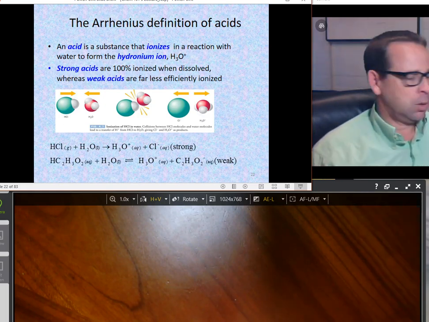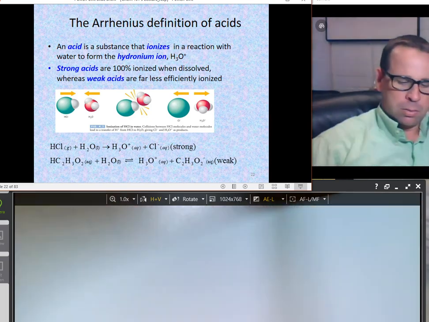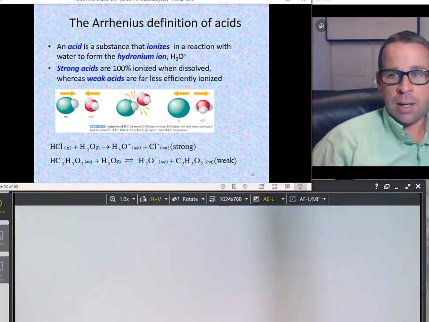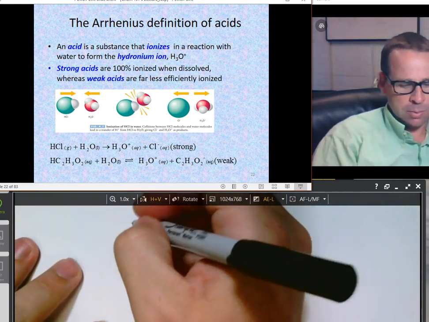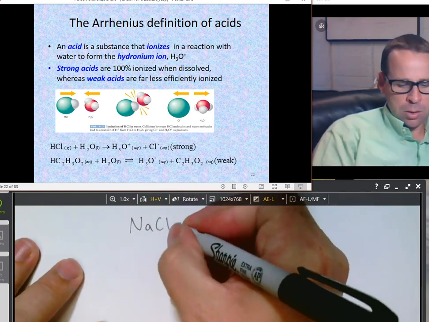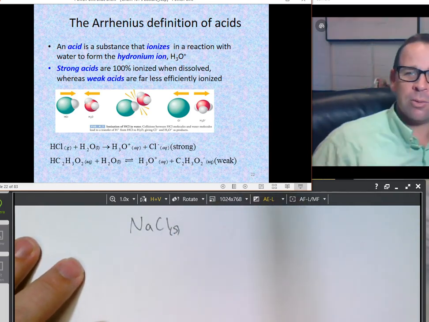So, up till now, we've talked about ionic compounds that, when they're placed in water, they ionize, right? So, again, let me give you an example here. Sodium chloride, solid, right? That's salt. That's like table salt, right?